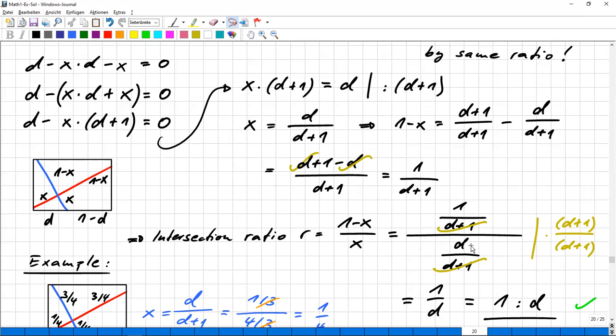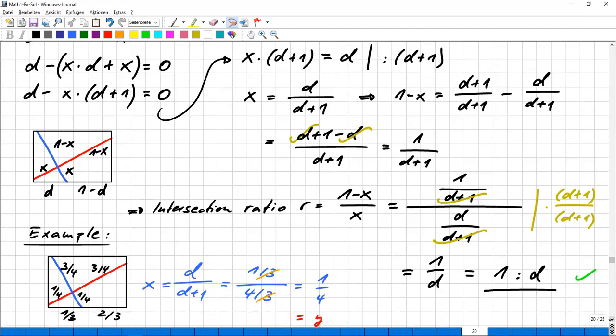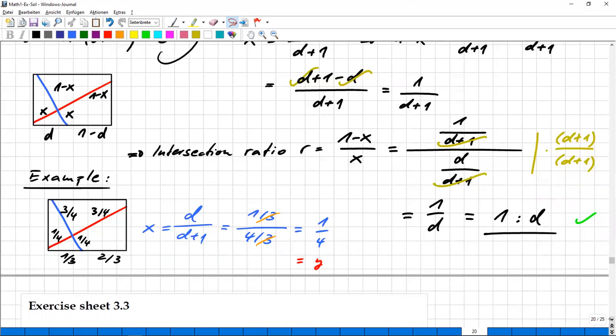If I'm correct now, the result for R is 1 by D, which means you could think, okay, this is roughly the same as this D intersection ratio. No, because D is a portion. It always helps, for my taste, to use a good numeric example, and that's why I did it.